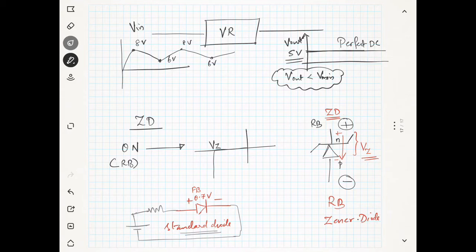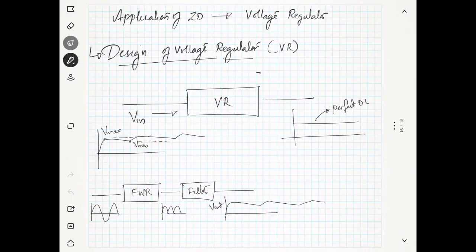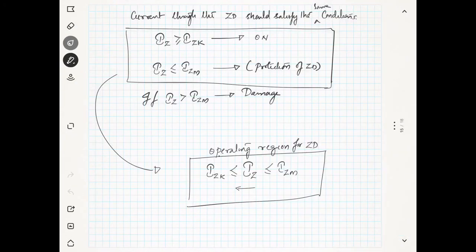To limit the current. In the previous slide I already explained that this is the operating region for the Zener diode. So we have to maintain the current through the Zener diode within this region.